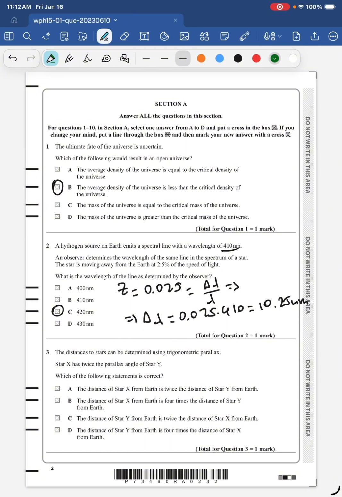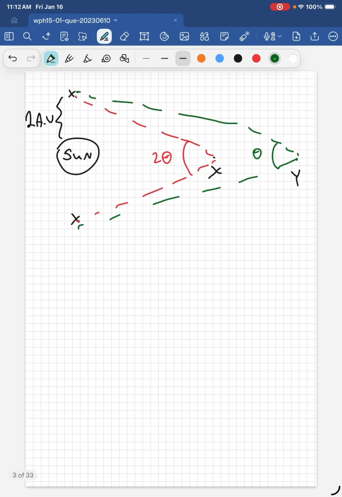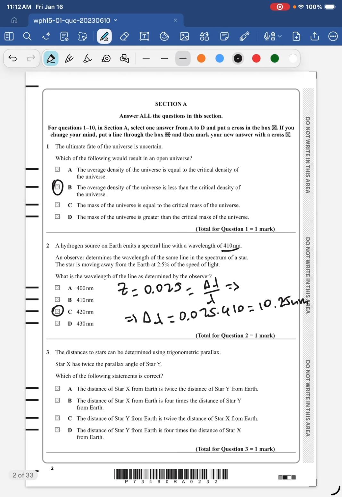So the distance, okay, star X has twice the parallax of star Y. Okay, so this is X, so it should be closer, right? So what's the correct option? A, the distance of star X from Earth is twice the distance of star Y. No. B, the distance of star X from Earth is 4 times the distance of star Y from Earth.